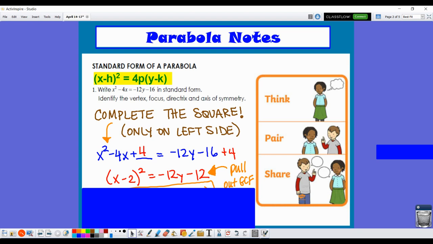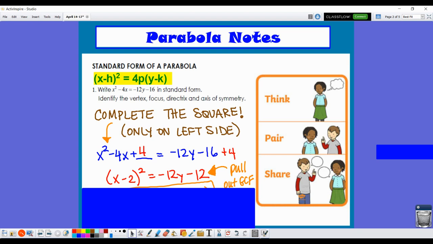The last thing that you need to do is to pull out the greatest common factor from the right side, because remember, we are trying to get the 4p value outside of the parentheses. So we can pull that negative 12 out of the expression on the right.